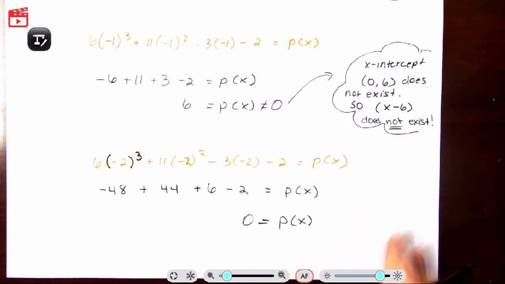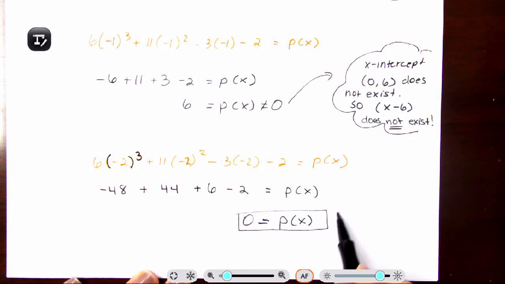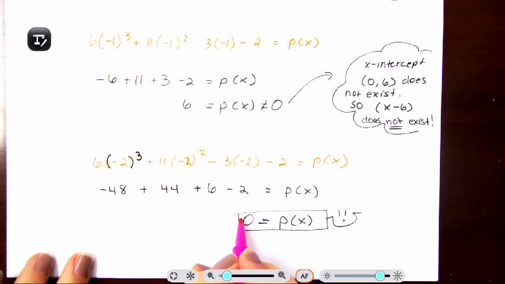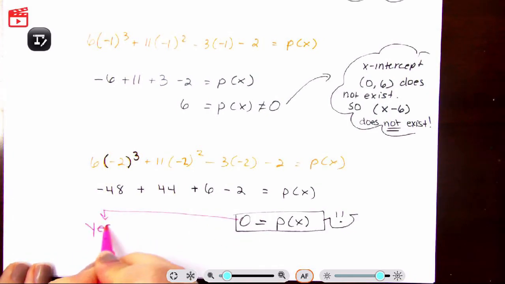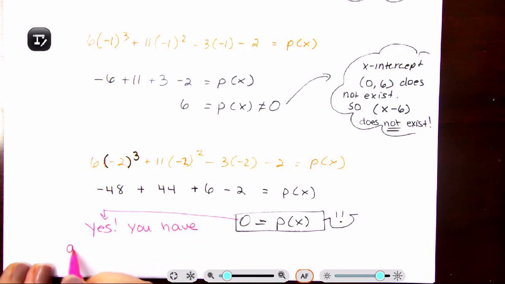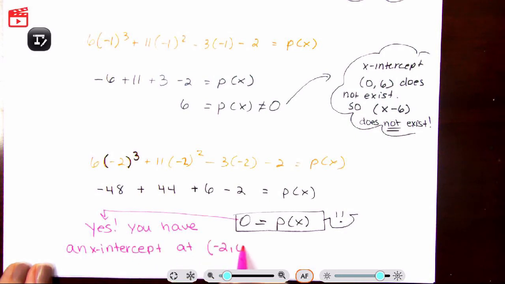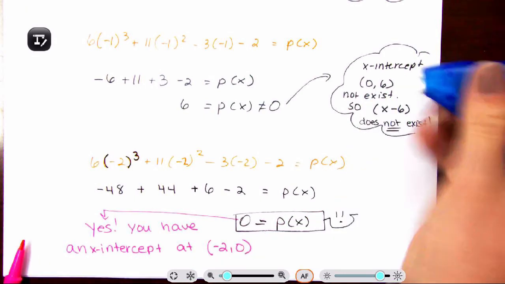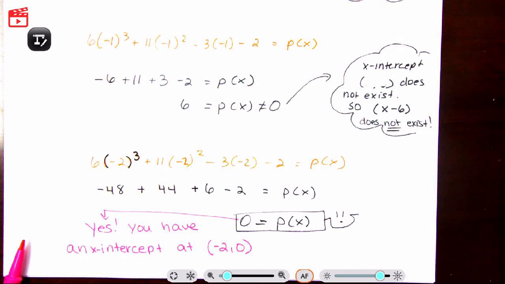So 0 is equal to p of x. So what does that tell us? We're doing a happy dance here. That tells us that, yes, you have an x-intercept at negative 2, 0. Oh, I think I wrote that wrong. That should be negative 2.